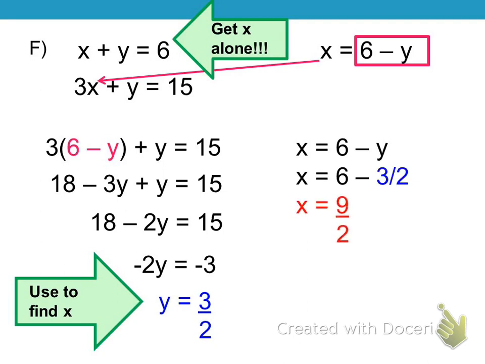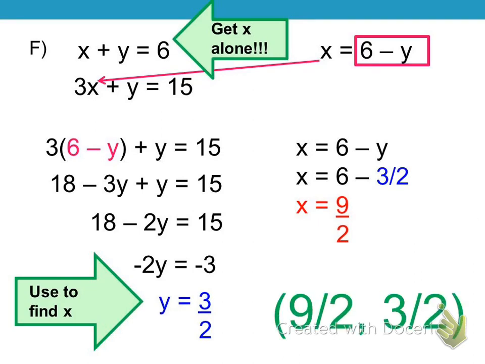You need to get common denominators. So to get common denominators, you would multiply the 6 over 1 by 2 over 2, right? So this would be like 12 over 2 minus 3 over 2, which is 9 over 2. That's where this answer came from, okay? Don't forget what you already know about fractions. So your answer here is 9/2, 3/2.